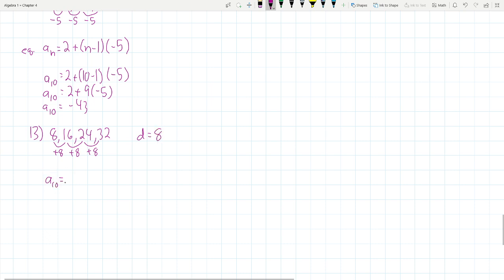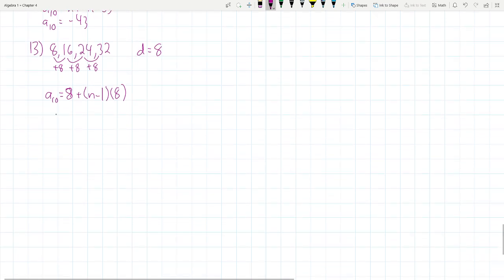So a sub n equals, my first term is 8 plus n minus 1 times 8. And you might want to put parentheses around that if that kind of helps you out. So, oops, that wasn't a sub 10, that was a sub n. So there's my equation.